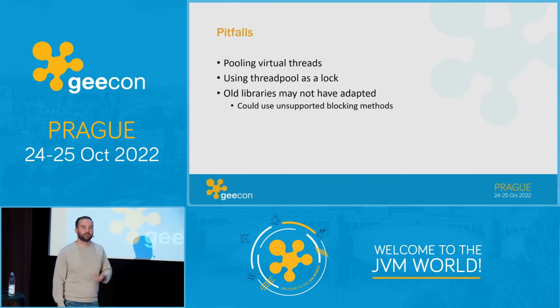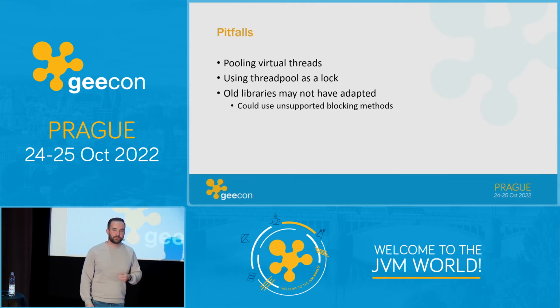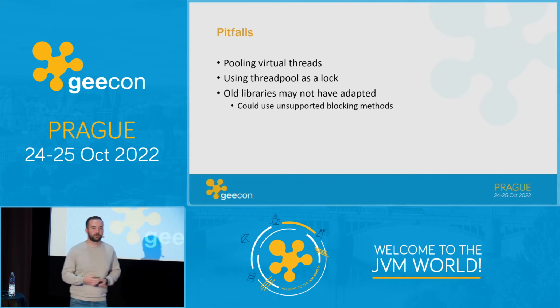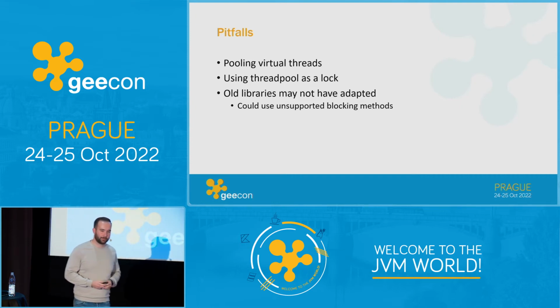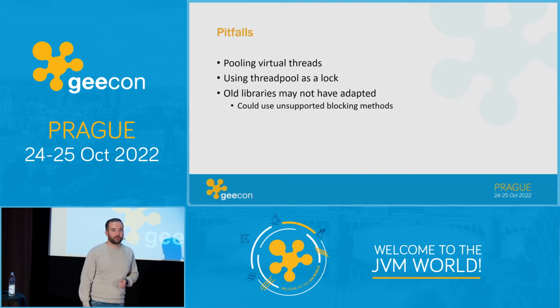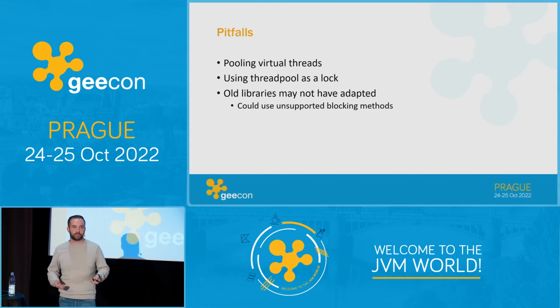So it may not use them in the right way. So you may have some performance improvements if you make better use of these virtual threads that are very cheap. And of course, the old libraries may use a blocking method that isn't supported. So then you will just have normal threading.